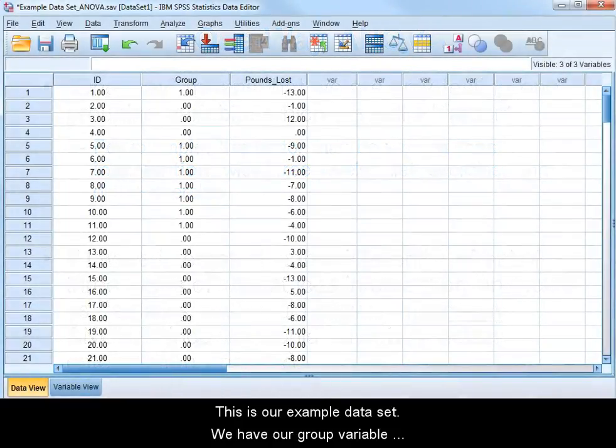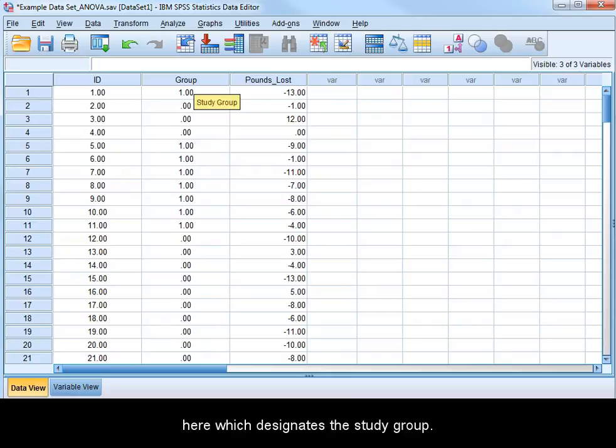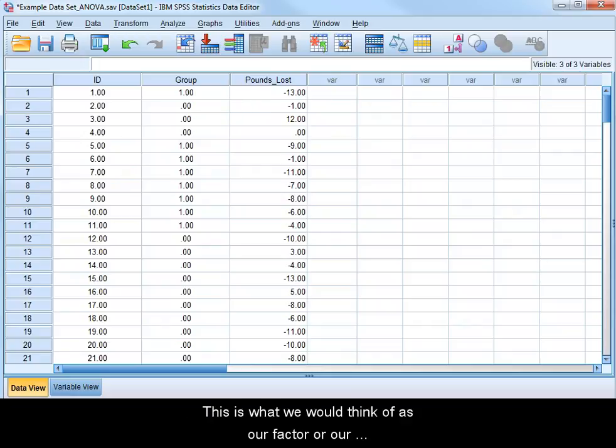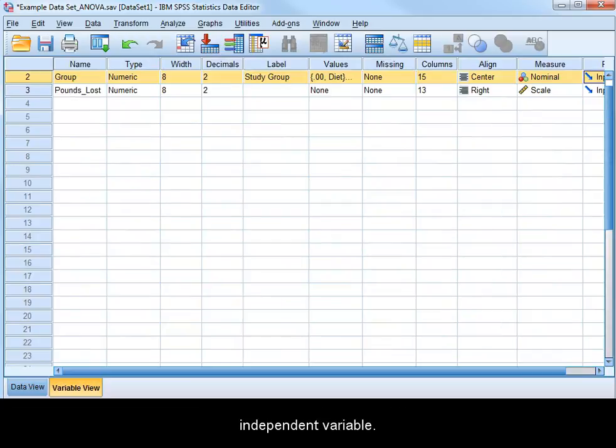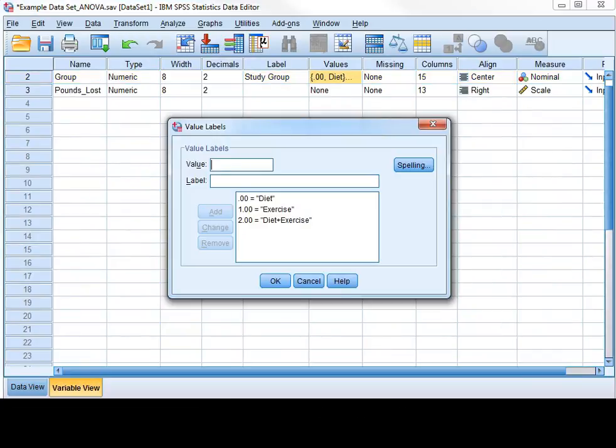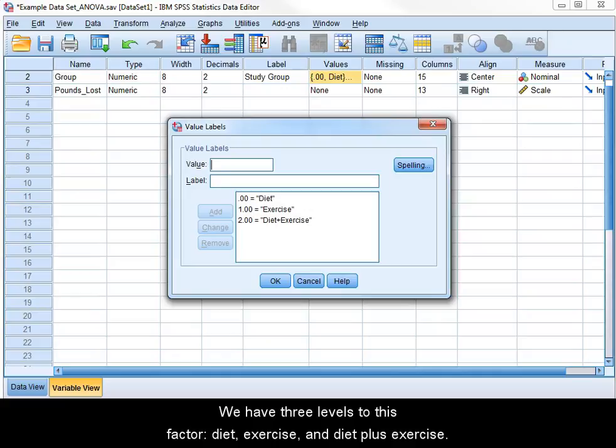This is our example data set. We have our group variable here, which designates the study group. This is what we would think of as our factor, or our independent variable. We have 3 levels to this factor: diet, exercise, and diet plus exercise.